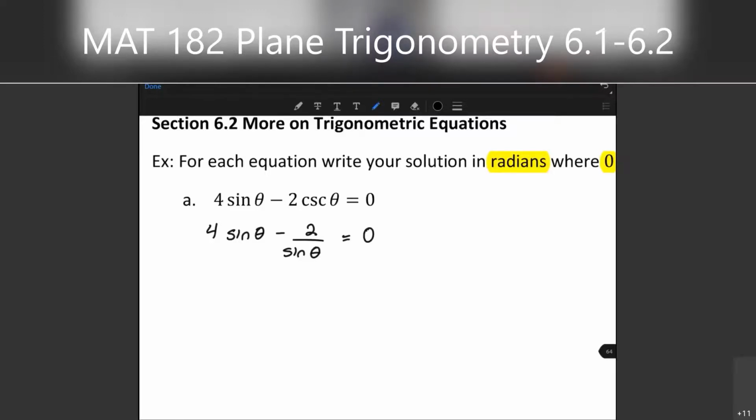All right. Another thing we can maybe notice here is that we can factor out a 2 in this equation. So that might be helpful as well. So we could say 2 times 2 sine of theta minus 1 over sine of theta equals 0. So we do have things in terms of sine, but we're not quite ready to put it all together yet.